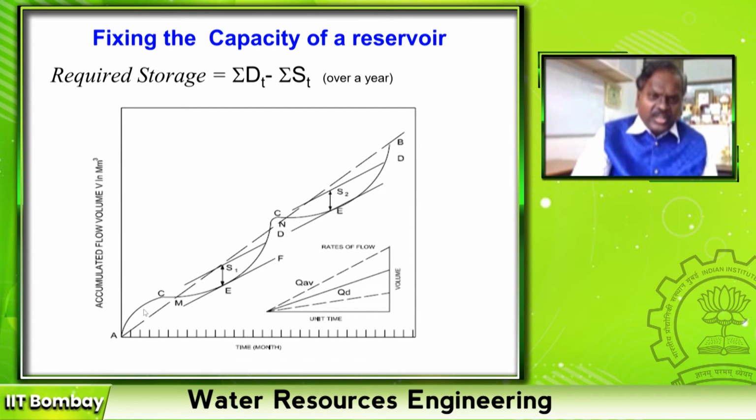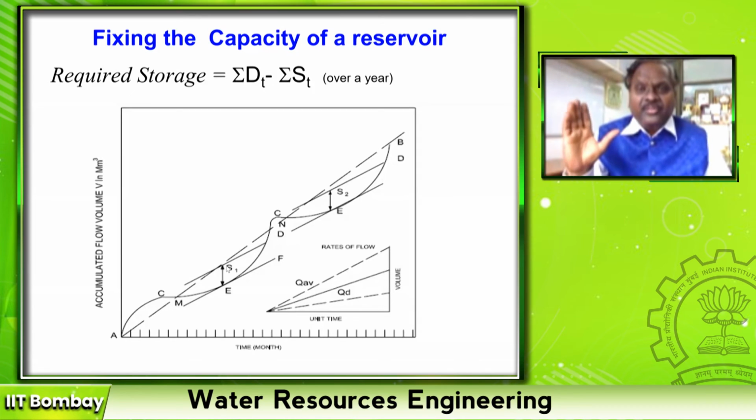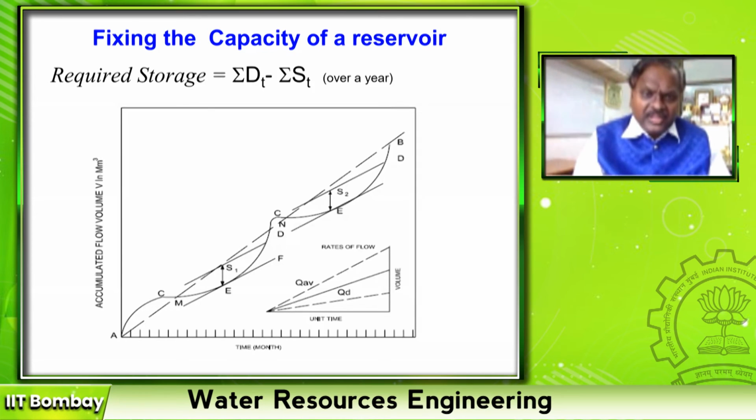It has to start from one of the peaks of these values, like at these C points. Then these two will match, and the difference between this supply and demand line gives you the volume of live storage.